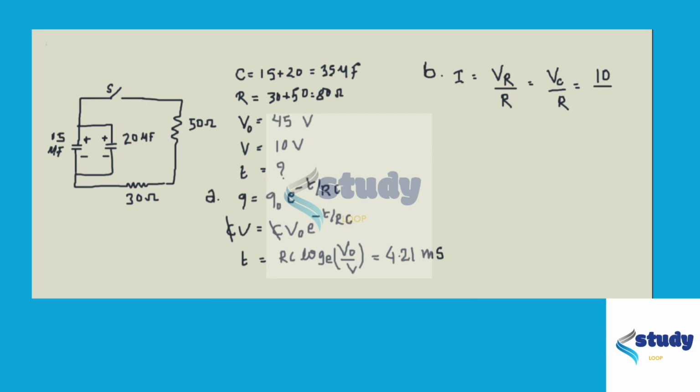So 10 volts upon the total resistance, 80, gives me 0.125 amperes. This is the current that is flowing through the circuit at that time.